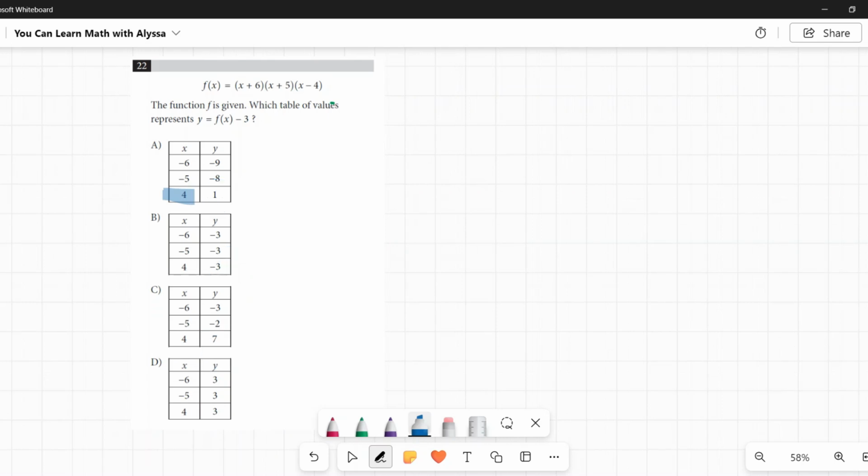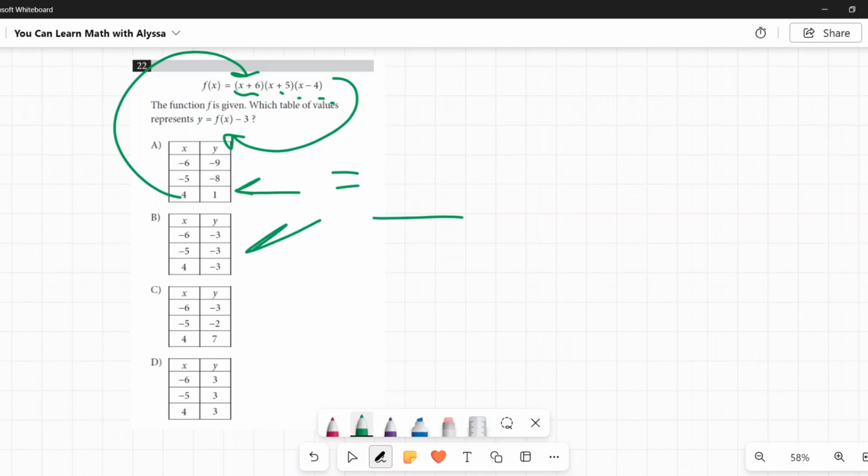So I could plug in either negative 5 or 4, and I would get the right answer. That's the general way you're going to do this. You would pick that number, either negative 5 or 4, whichever you prefer, plug it in up here, do this math, then take that number and subtract 3. Then you see which of the tables has that solution. That's the method.